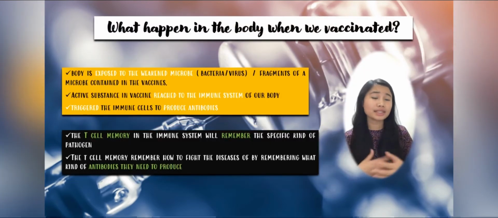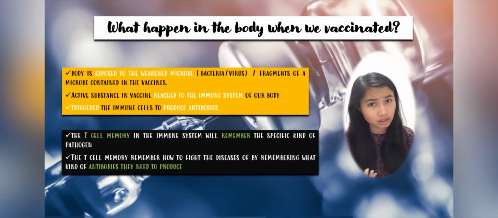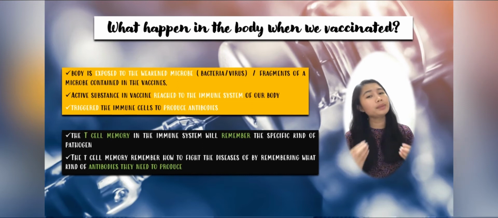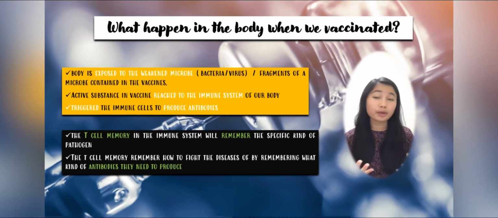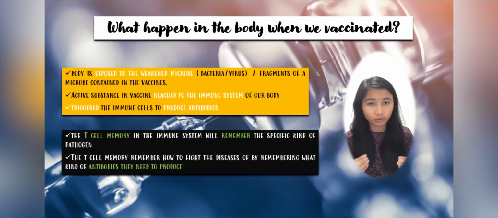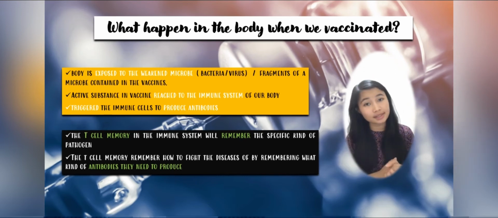What happens in the body when we are vaccinated? First, when people are vaccinated, their body is exposed to the weakened microbe, known as the virus or bacteria, or fragments of the microbe that are contained in the vaccine.